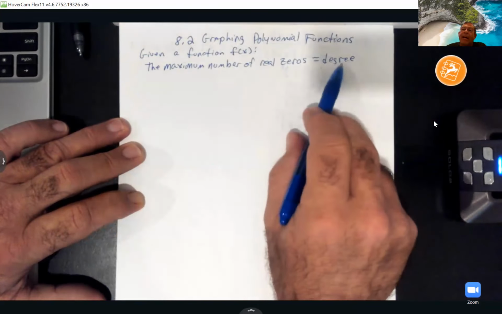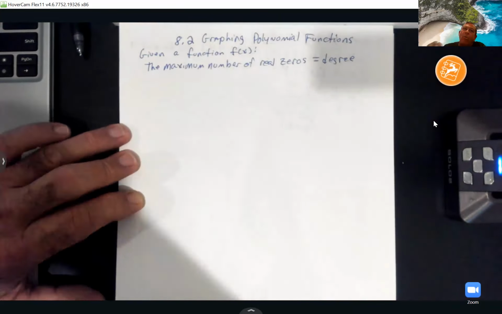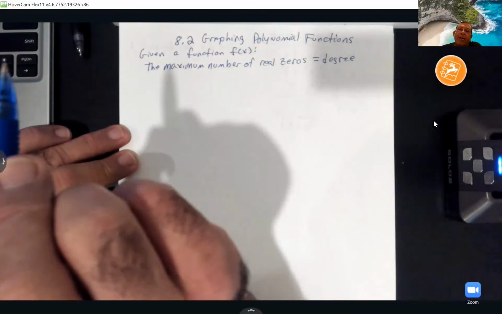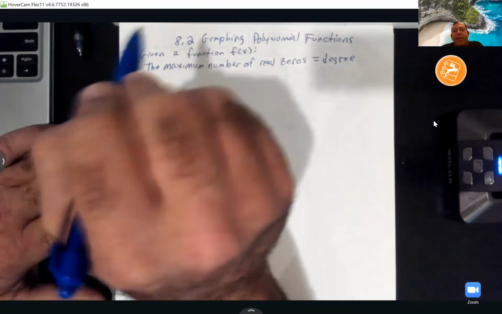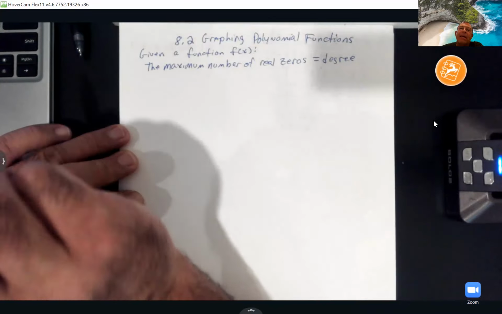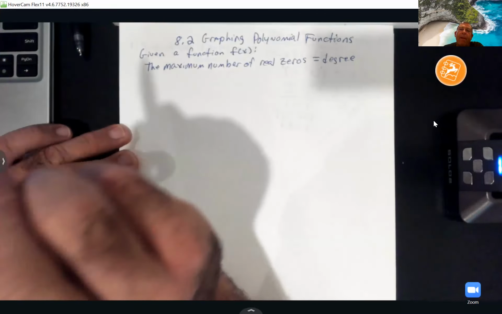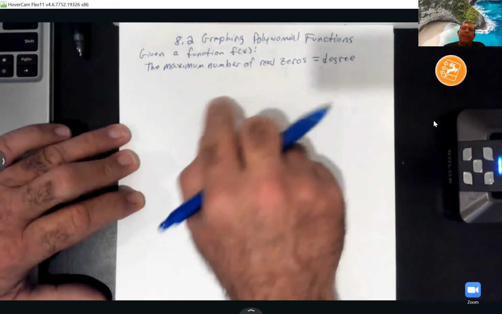Well, remember, the degree is the highest exponent. So that's why a while ago when I was doing them x to the thirds, I knew we would get 3 zeros because the highest exponent was a 3. Okay. Now, that's the maximum number of real zeros you can have.